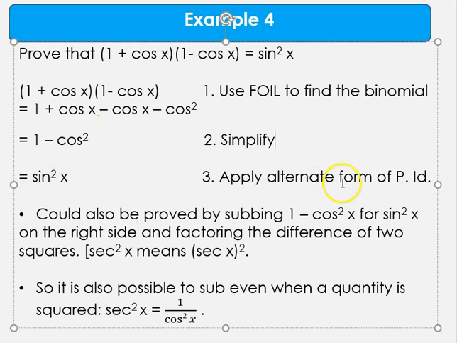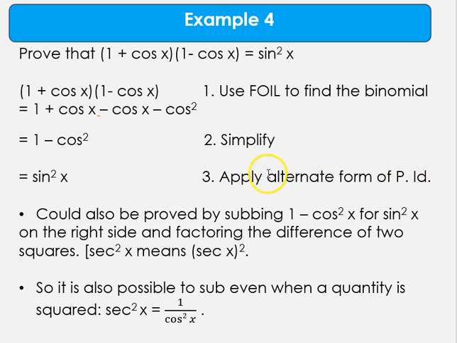Now, this is part of the PID, and this was from the last video, which actually gave us somewhere in there that sine 2x equals this. This is where it gets complicated because we haven't spent time doing a lot of the algebra that's required with this.